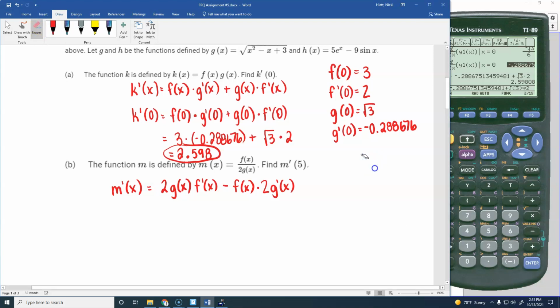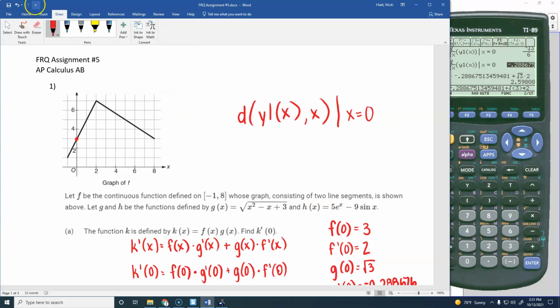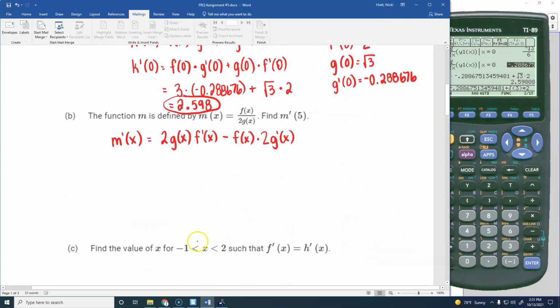Or it's like taking the derivative of 2e to the x. Think of it that way. Like if I took the derivative of 2e to the x, the 2 just stays out front. Or if I take the derivative of 2 sine, it would be 2 cosine. It's just a coefficient, so it just stays there. All over 2g of x squared.